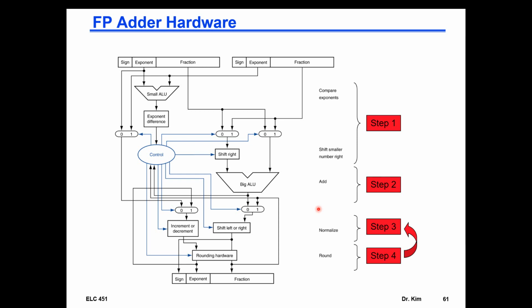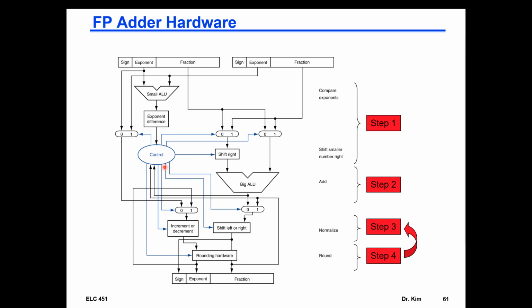Now keep in mind that if we were just adding these two numbers as integers, I would only need a big adder of as many bits as these words are. But it's just an adder, which is just one part over here. No need of control, no need of shifting.